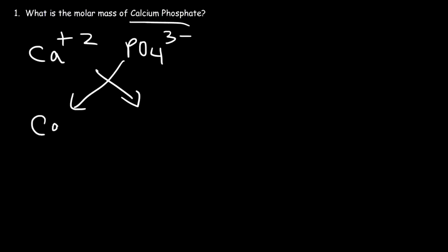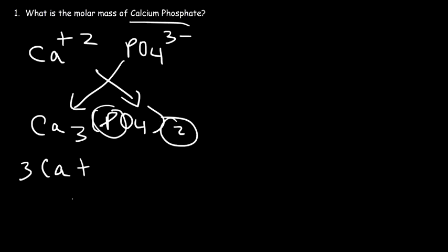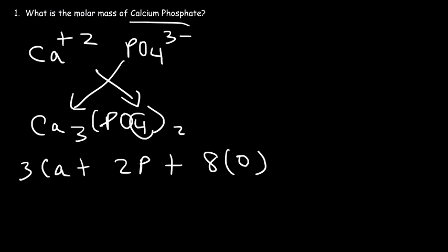And phosphate is just one of those polyatomic ions you need to know. So the formula is going to be Ca3(PO4)2. You need to switch the charges with the subscripts and reverse them. So this substance has 3 calcium atoms, 2 phosphorus atoms, and 8 oxygen atoms. 2 times 4 is 8. Now, each calcium atom has an atomic mass of 40.08.